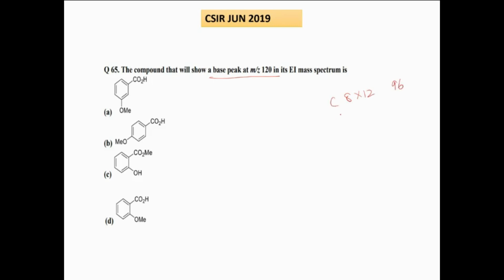Then you have 3 oxygens, so 3 into 16 is 48. Hydrogens are 8, so 8 into 1. Is it right?